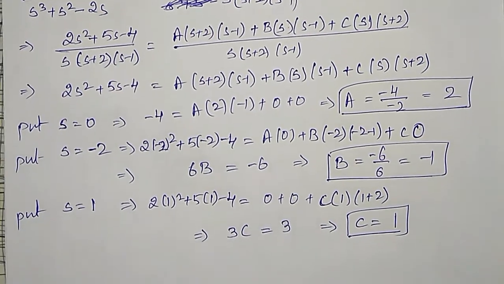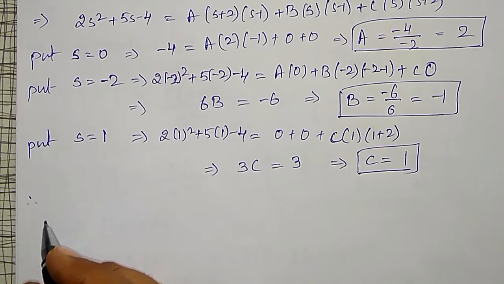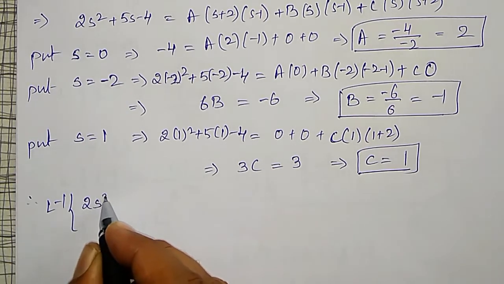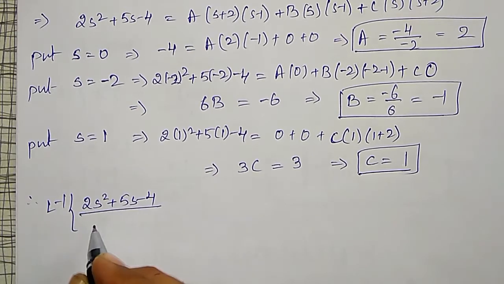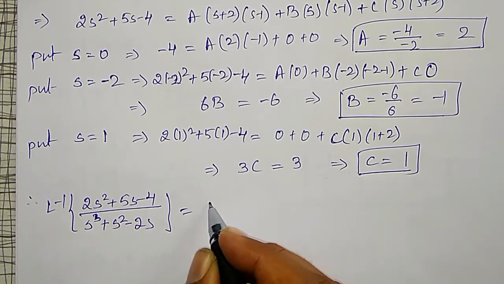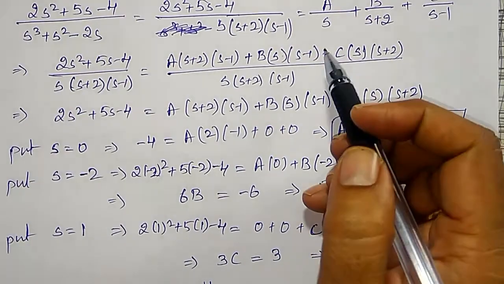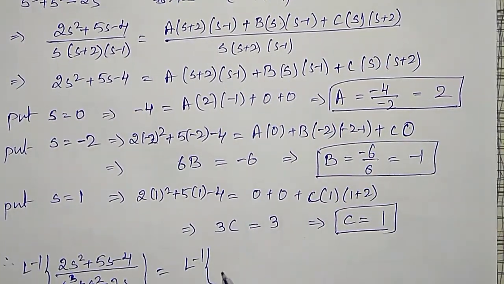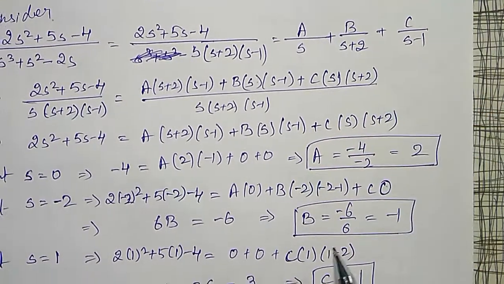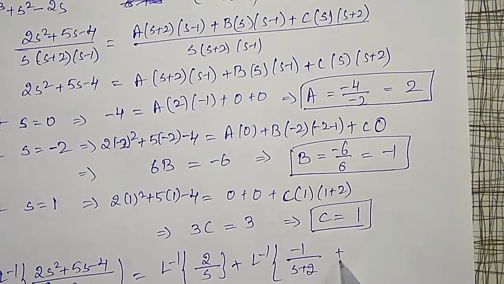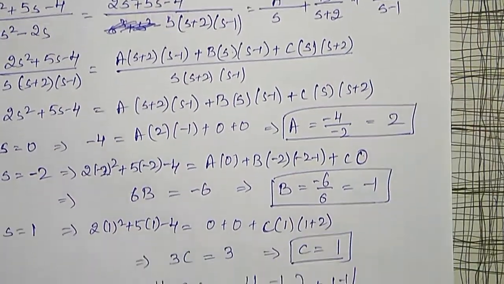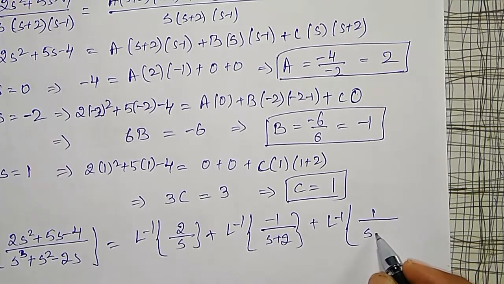Therefore I can write now, for your convenience, inverse Laplace transform of 2s square plus 5s minus 4 divided by s cube plus s square minus 2s equal to inverse Laplace transform of A divided by s, A is nothing but here 2, 2 divided by s, plus inverse Laplace transform of B divided by s plus 2, B is minus 1, minus 1 divided by s plus 2, plus inverse Laplace transform of C divided by s minus 1, C is 1, 1 divided by s minus 1.